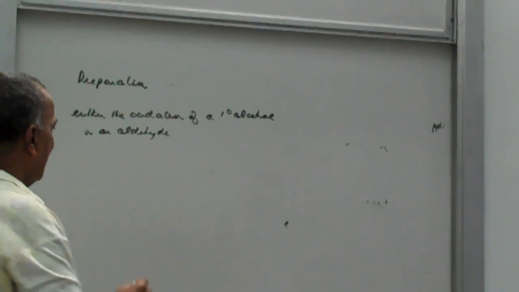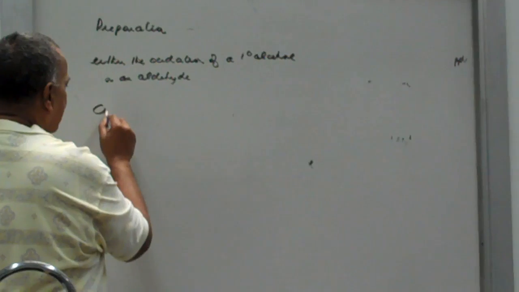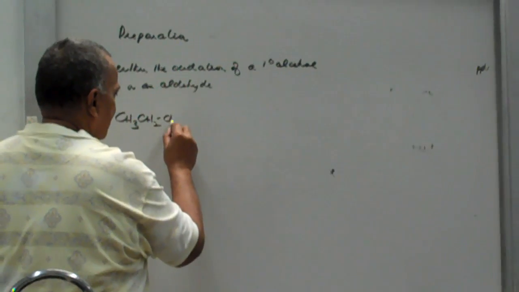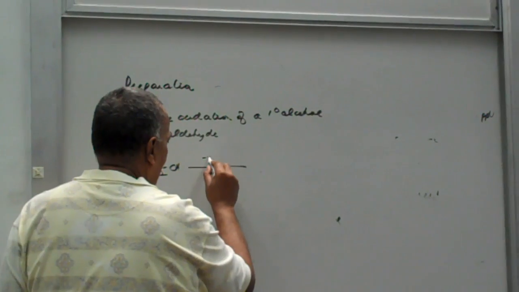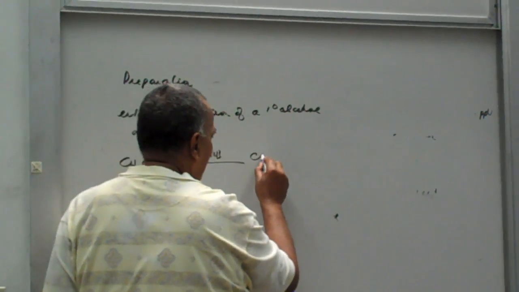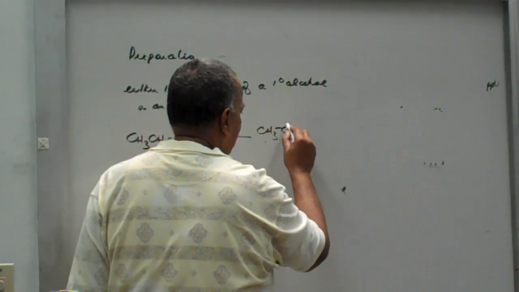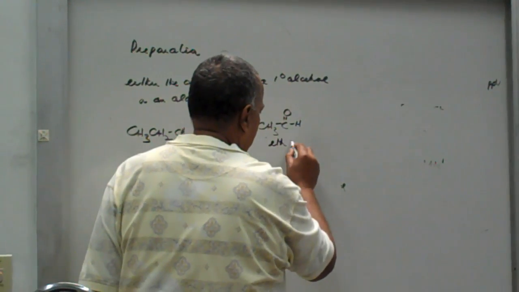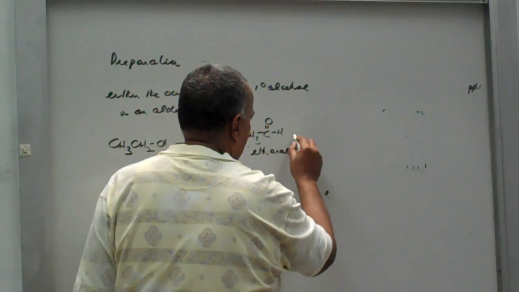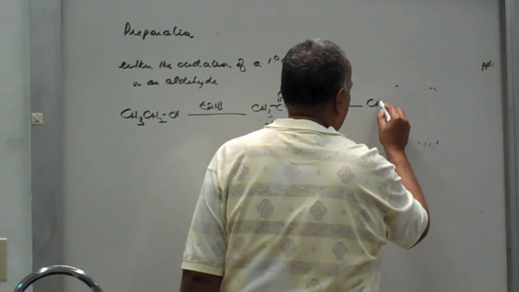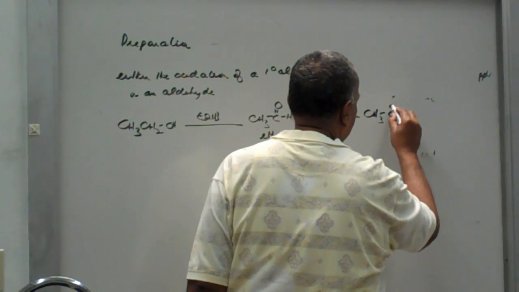You've seen me put this reaction on the board already. We start off with ethanol. We lose 2 hydrogens, and we get ethanal. And we pick up an oxygen, and we get ethanoic acid.